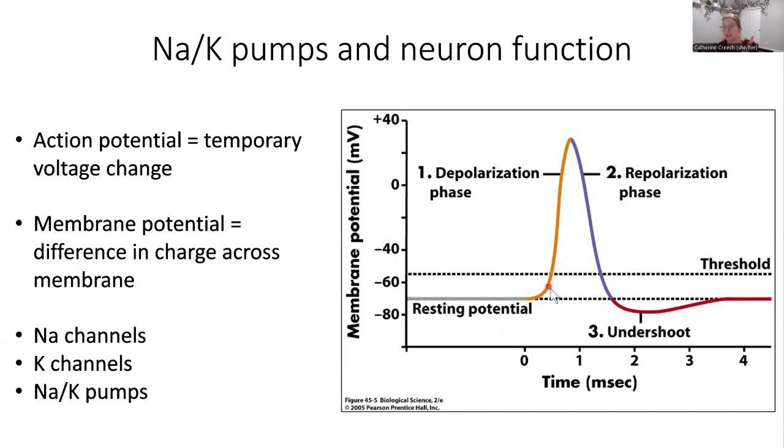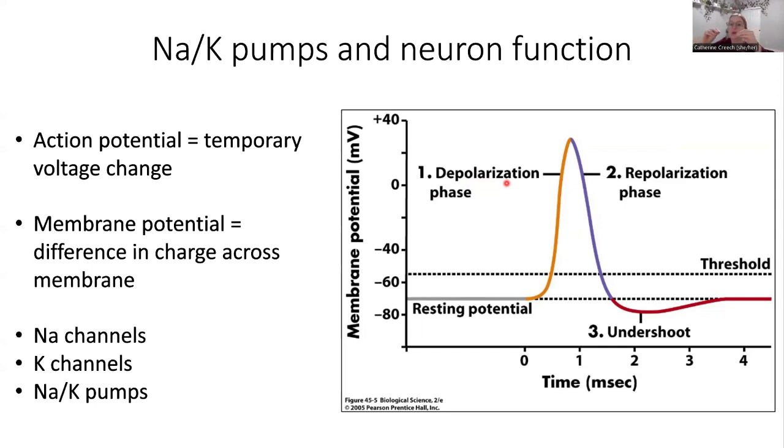Then it will get the signal and it will make a temporary change in the potential charge difference between the two sides of the cell by going more positive. This is called depolarization because polar means that there's two opposites apart from each other. In this case, it was a positive on one side and a negative on the other.